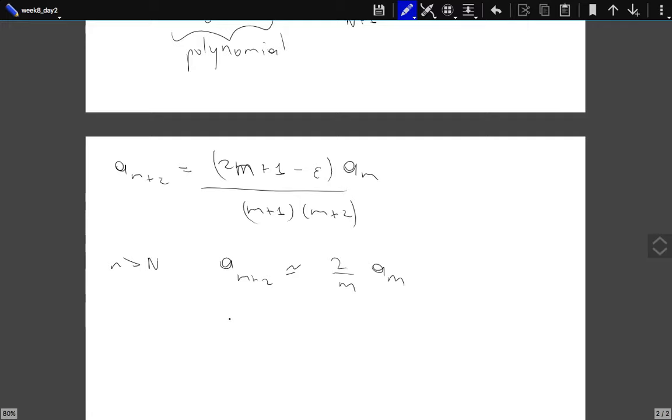So let me define two constants. I mean, odd and even n, I don't want to separate them. Let me define this b_m to be a_{2m} and c_m to be a_{2m+1}.